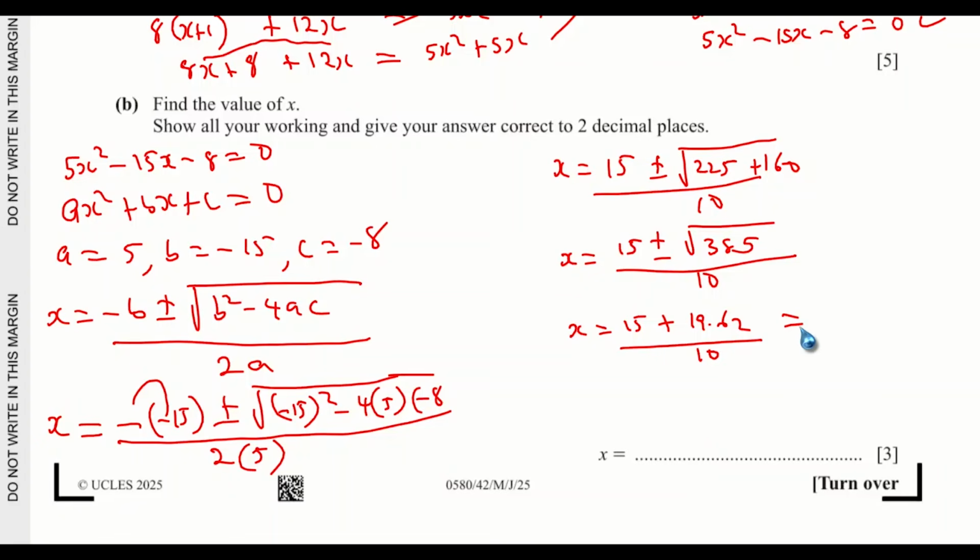So this will be equal to 15 add 19.6, that will be 34.62 divided by 10. And the final answer is 3.46 to 2 decimal places. Okay, so let's go to the next question.